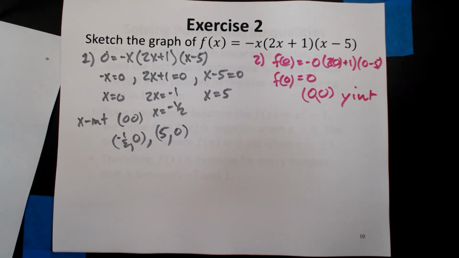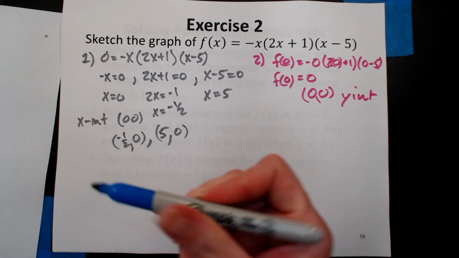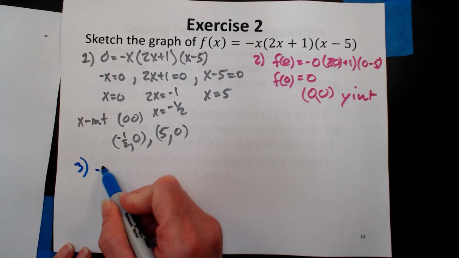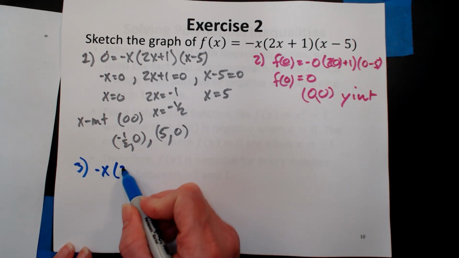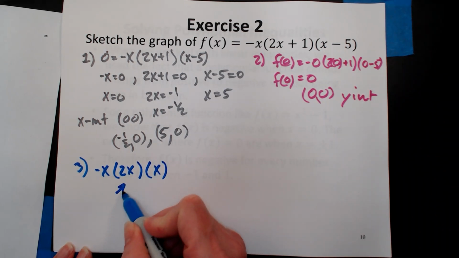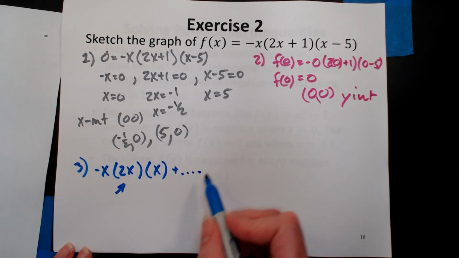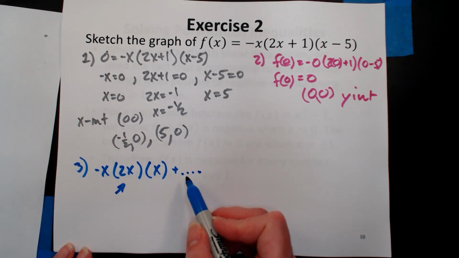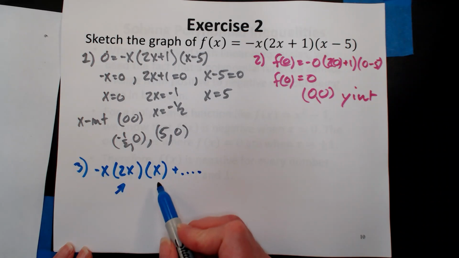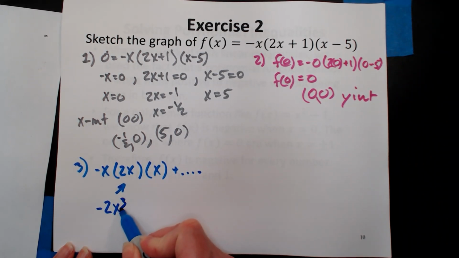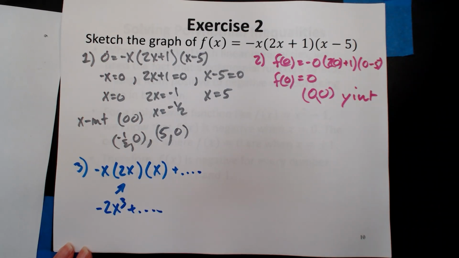To determine the end behavior, we look at what the biggest value would be if we multiplied this out. We'd have negative x times 2x times x, because that's our highest power term. Then we'd have plus all our other terms. So our greatest term is negative 2x to the third, plus all our other terms.